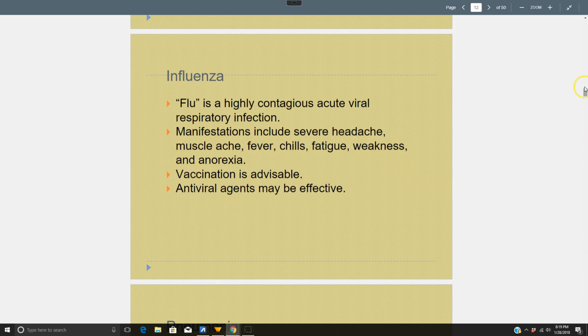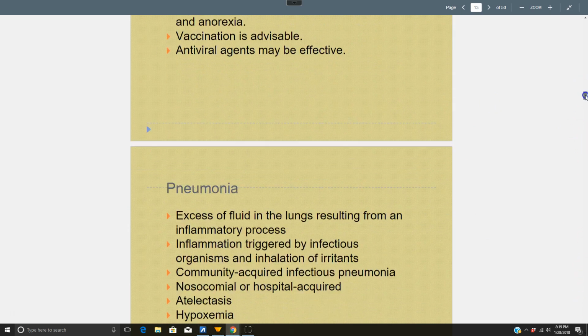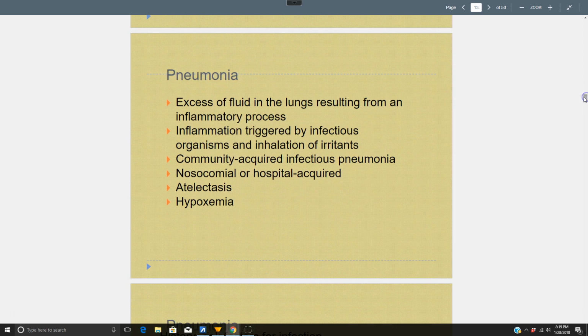Okay. All right. The next one is really an important one, and I may talk about this again in class because this goes with the other important disease processes that you will see with patients on the med-surg floors, or sometimes even in step-down or critical care areas: pneumonia. Okay.